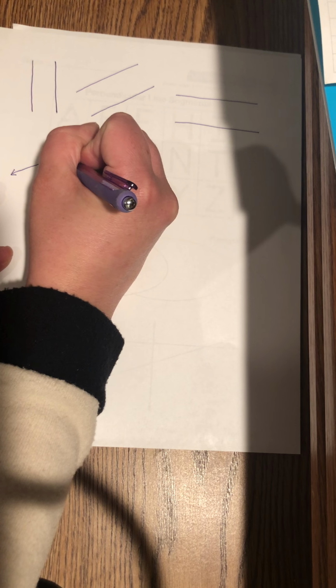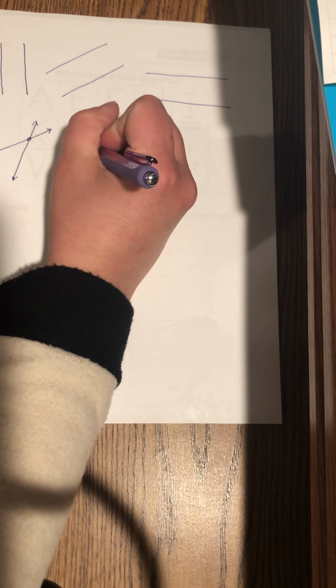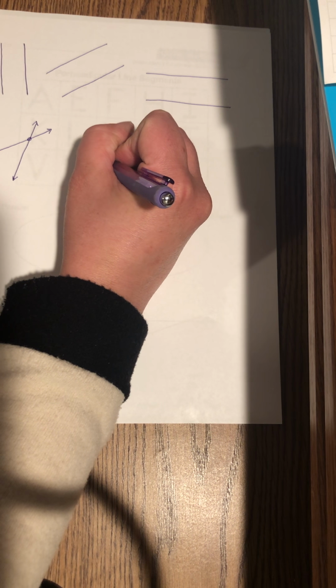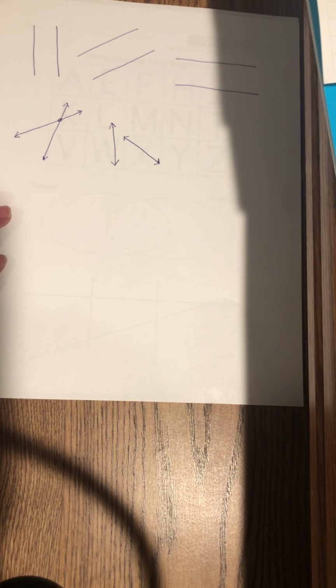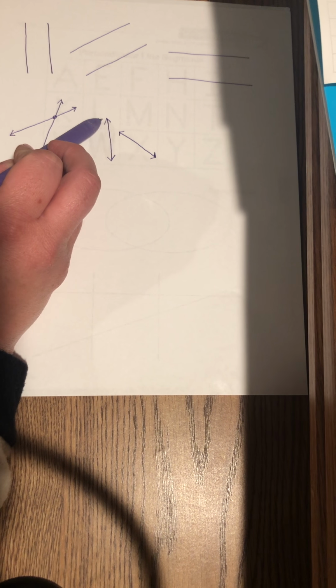But they've already intersected right here. I could also look at lines like this and know that those will become intersecting lines, because I know if I keep drawing this line, it's going to intersect with this line. So that would also be an intersecting line.